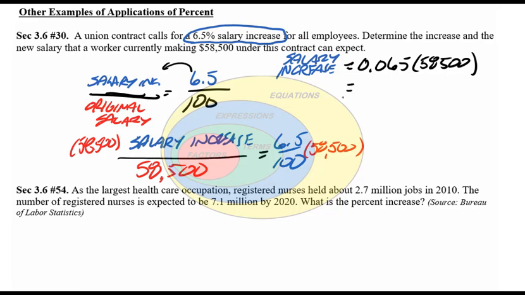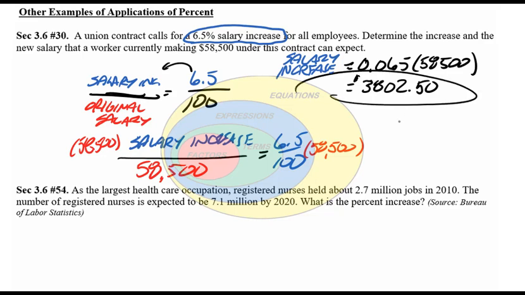If I do this on my calculator, I get 3,802.50. So this is the actual salary increase. The new salary would be the old salary plus that increase.